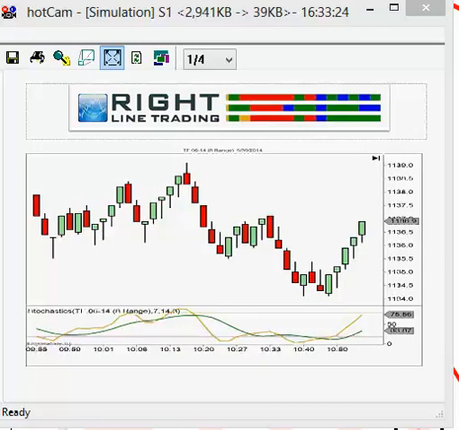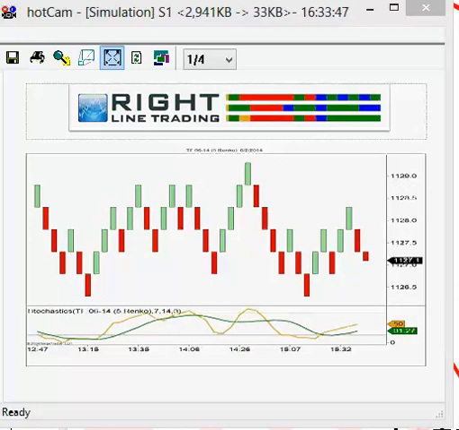Now, if you look at range bars, you can see that you get a high and a low and an open and a close on every single candle. That's going to be true of tick charts, time charts. You're always going to get those four relationships. But if you look at Renko bars, there's a high of a move and a low of a move, but there's no open and there's no close.